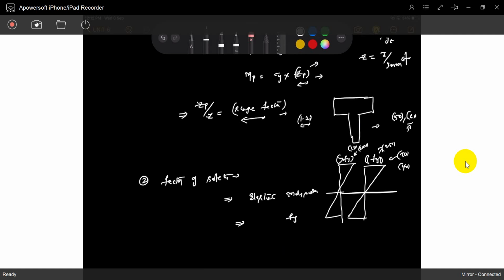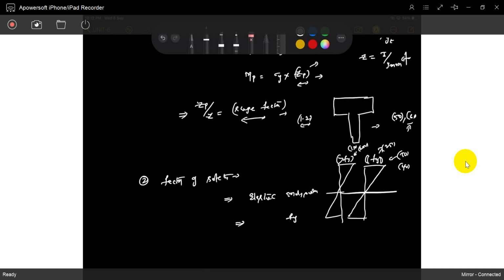Because unexpected loads will come. If a small unexpected load comes and it collapses, how is that? It's very bad, no? So we will design the system so that it reaches only a certain value of Fy, only 60%, 70% of Fy.